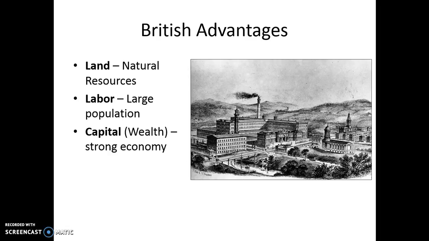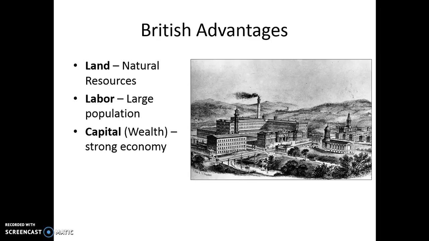So the reason why the revolution started in Great Britain is because it had all of the things needed for a revolution to take place. Great Britain had a lot of land that had coal, and coal was a necessary natural resource to power the steam engine. So thanks to that natural resource available in Great Britain, the revolution can start there.